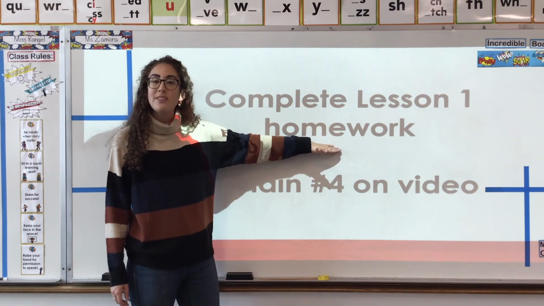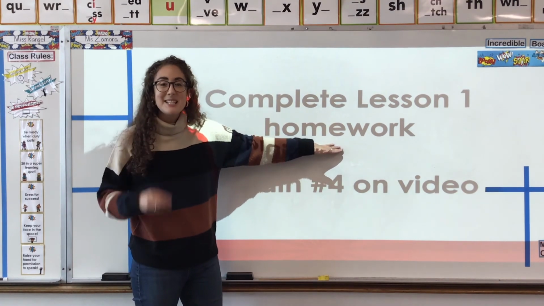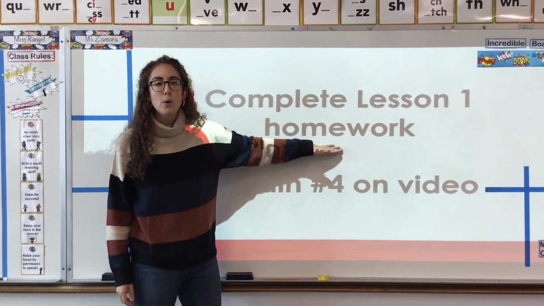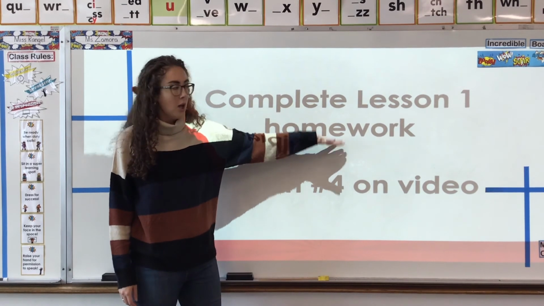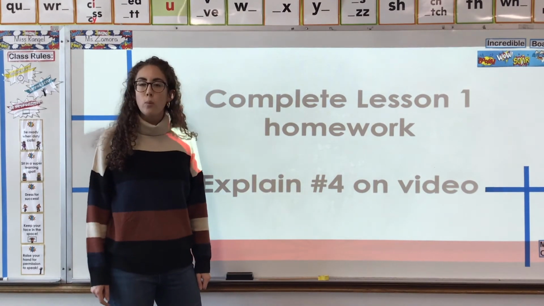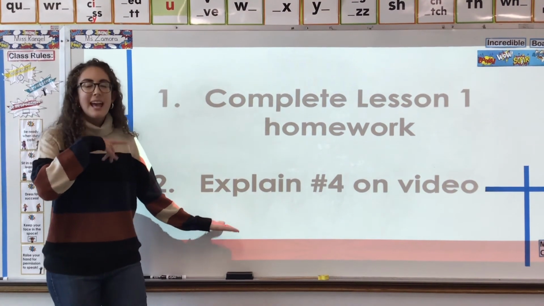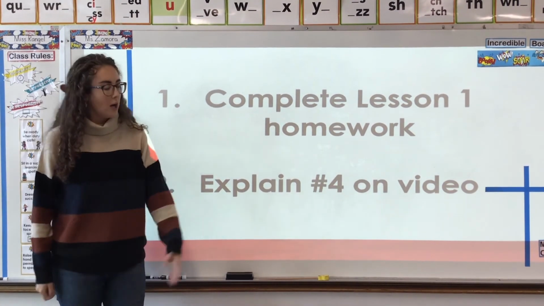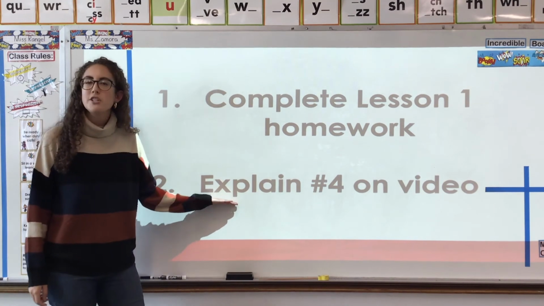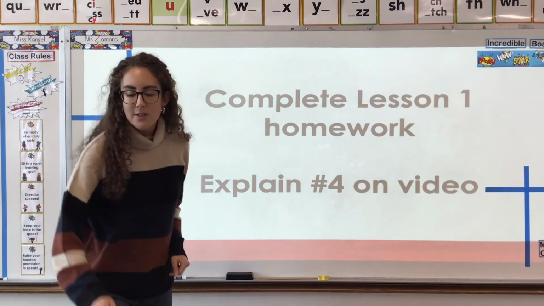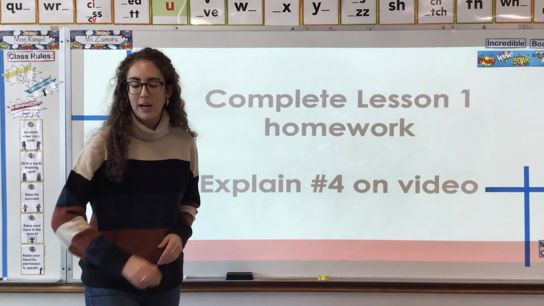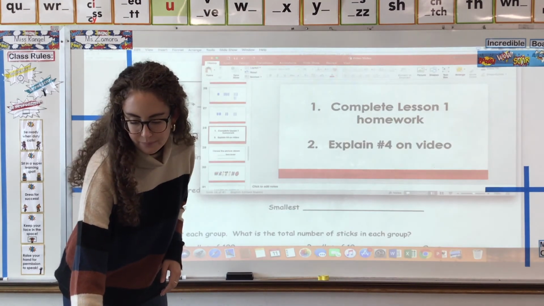I'm going to show you what that is in a second because this is going to be the first day we do one of the homework sheets. Then what you'll turn in on Class Dojo is a video of yourself explaining question number 4. So let me take a look at the homework and show you what it is.